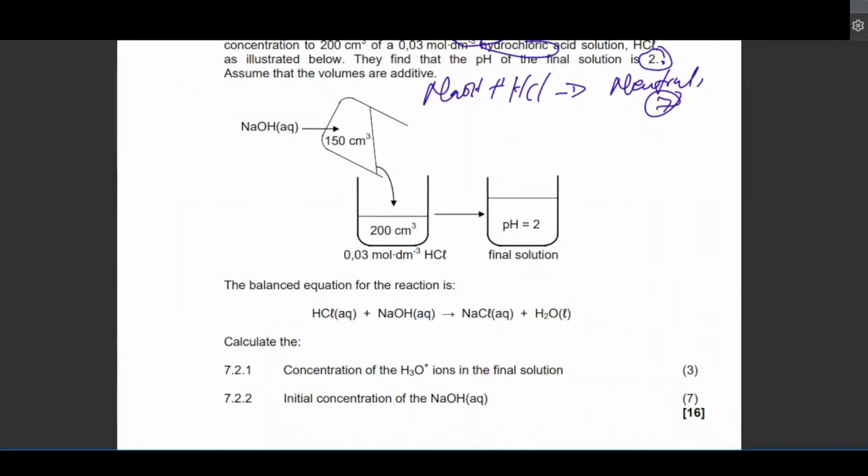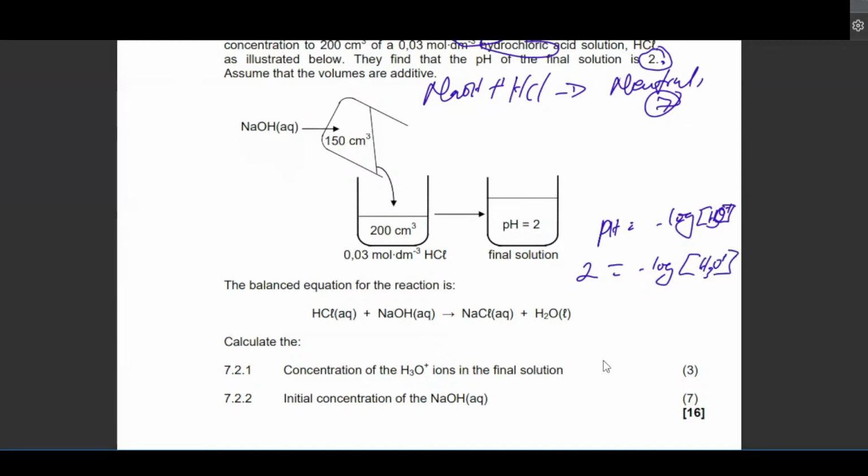Calculate the concentration of the final solution. Here, the concentration is simple. Remember, pH is equal to negative log of the hydronium ion, or hydrogen ion, concentration. And then the pH is 2. Therefore, the pH is going to be negative log of hydronium ion.